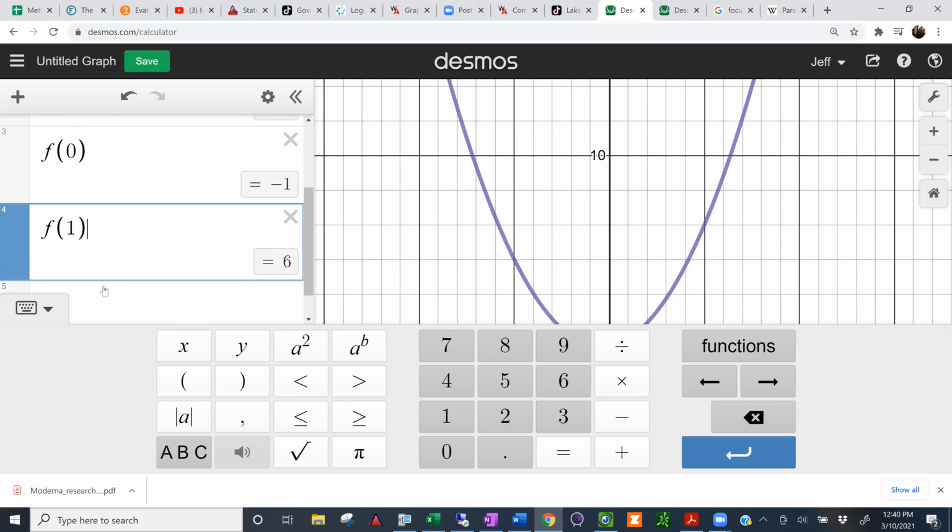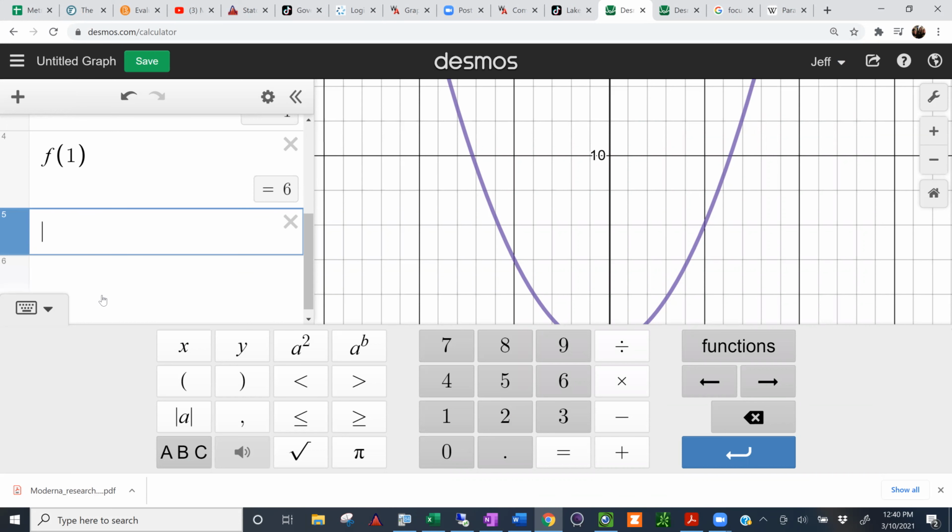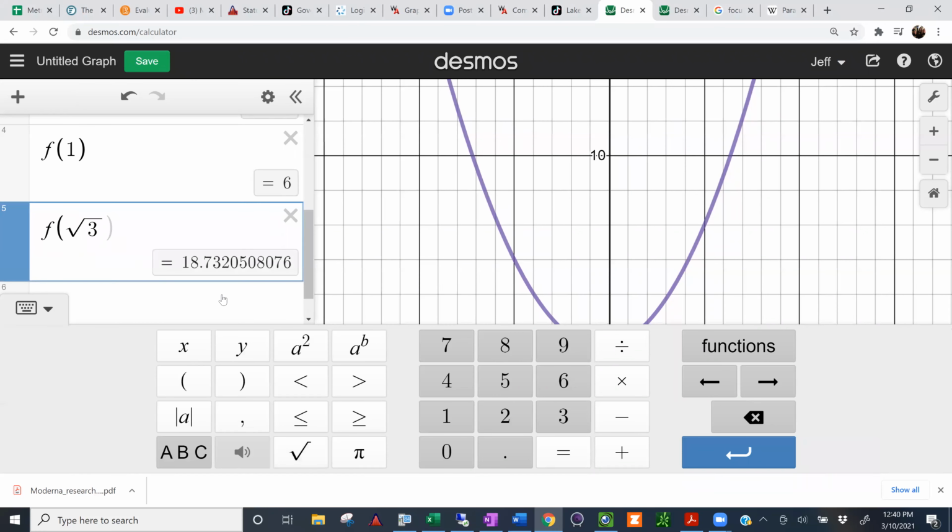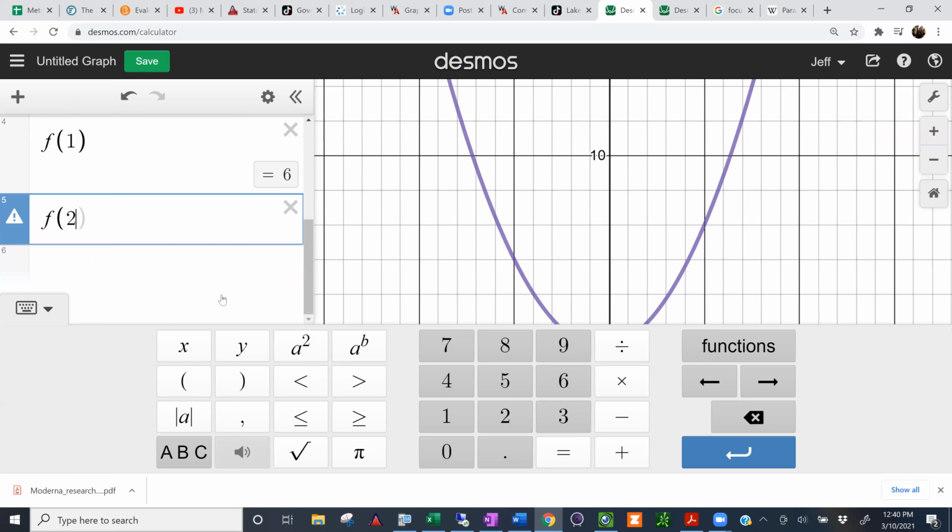Now, it doesn't exactly matter what you choose. You can choose really crazy numbers. I could choose f of the square root of 3. And it's still telling me the same thing, right? I got something positive. My morning class chose f of 2. And again, I'm still getting something positive. That's all that really matters.